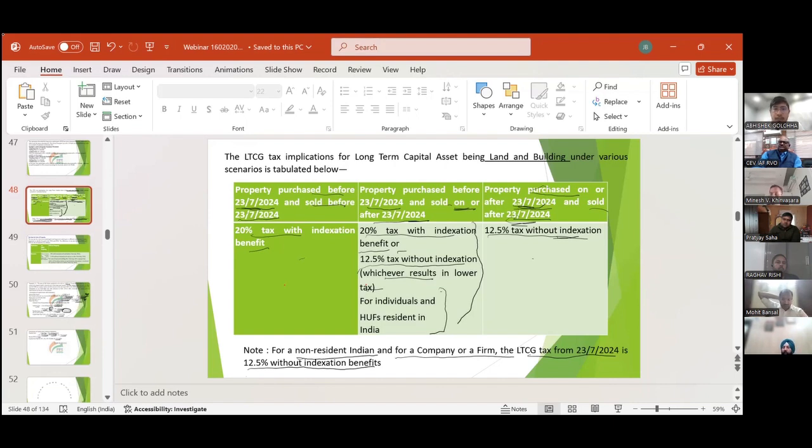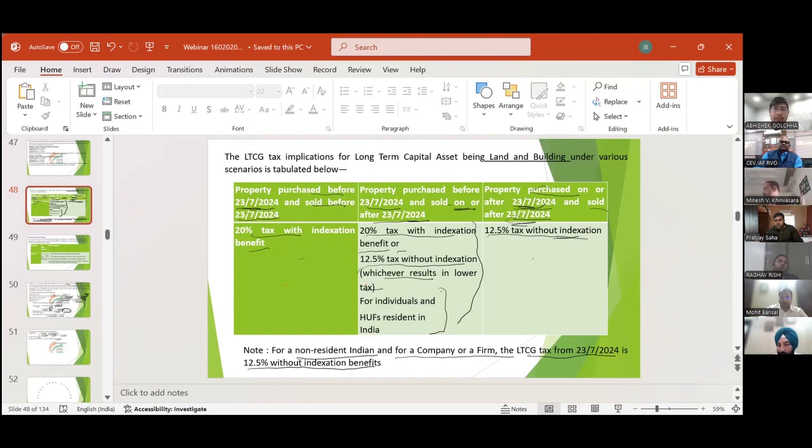This is basically to reduce black money. Because most of the time property is registered at guideline rate, and in that case, the seller will be at a loss because he'll have to pay 12.5% without indexation.